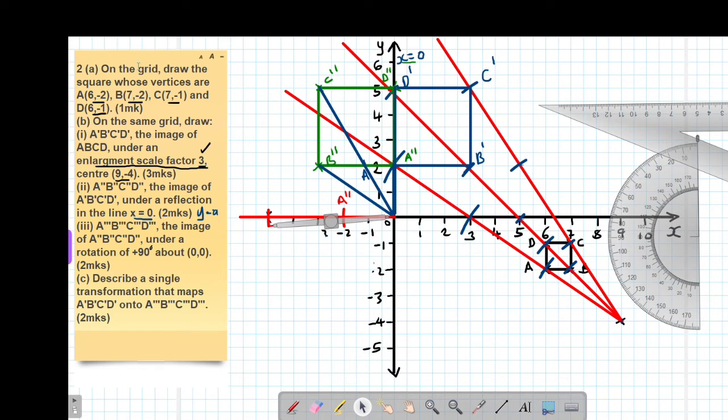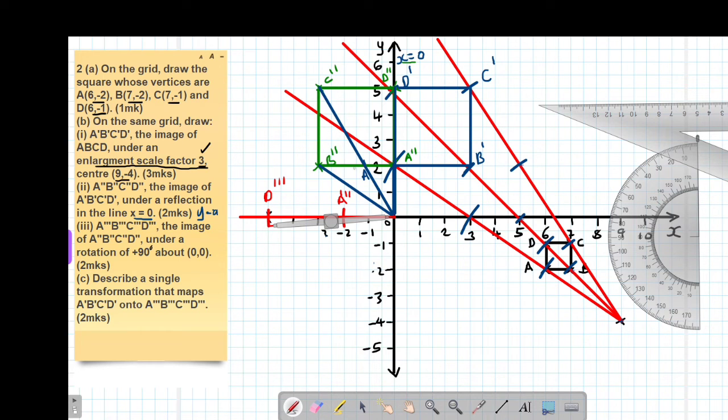So this is what we are calling the D prime prime, this point here. Sorry, this should be 3 primes because this was prime prime.